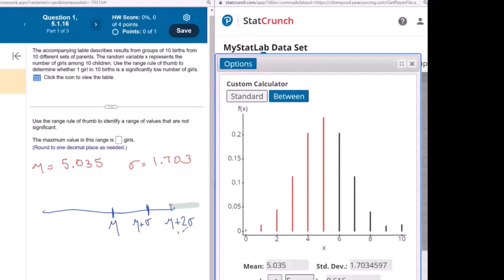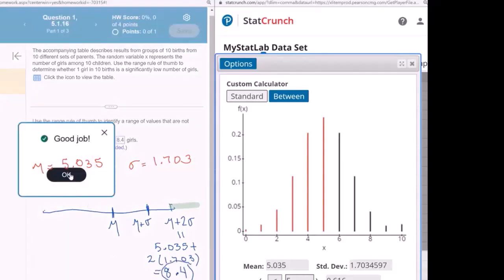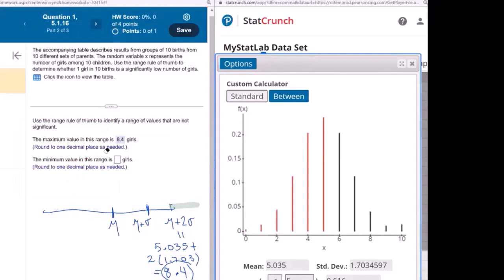This number right here is equal to 5.035 plus 2 times 1.703. And I get 8.4. All right, perfect. Now we want the minimum value. This is mu minus 1 standard deviation. This is mu minus 2 standard deviations.